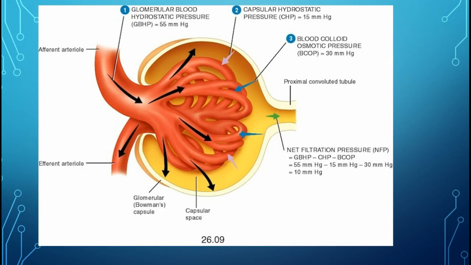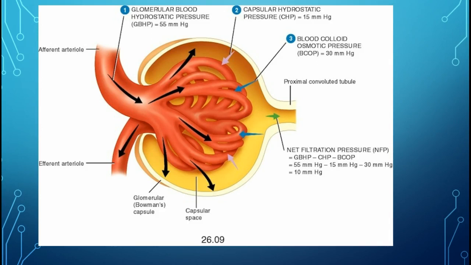This is also related to the blood pressure, so how much pressure is being put on, and then these afferent arterioles are also going to affect the rate at which the glomerulus can filter.